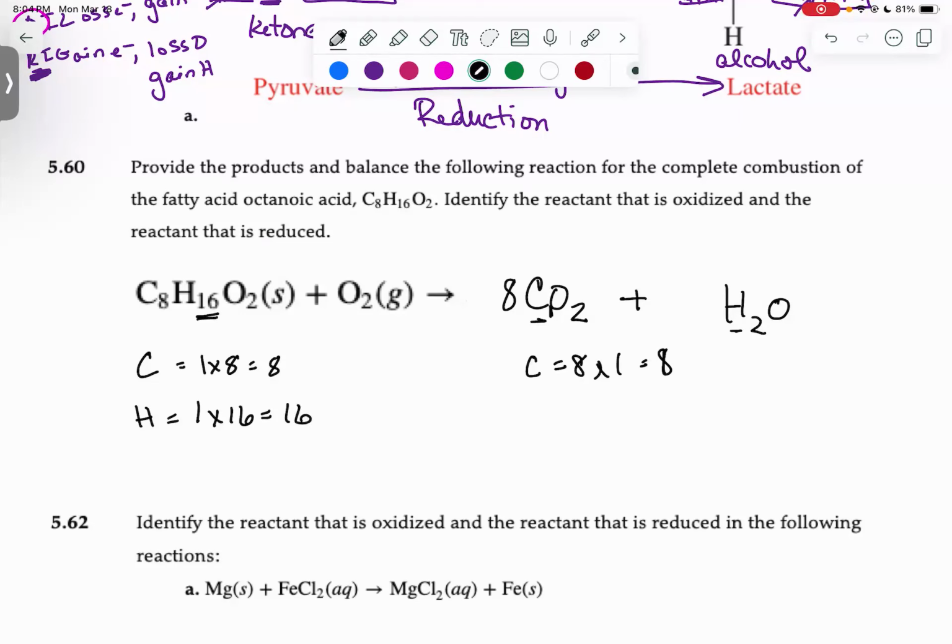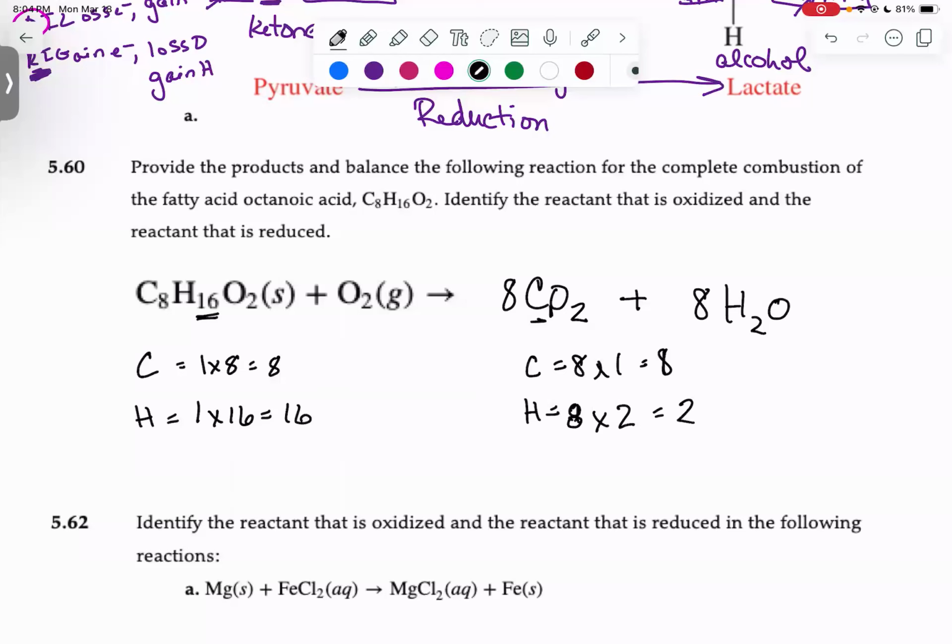Come over to my product side, I'll say hydrogens. There's a 1 here if there's nothing written. So 1 times 2, and that's just an underline, it's not negative or anything. 1 times 2 is 2. So that doesn't match. So what times 2 is 16?